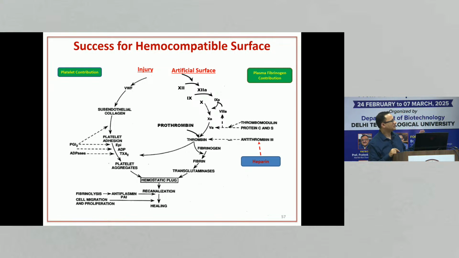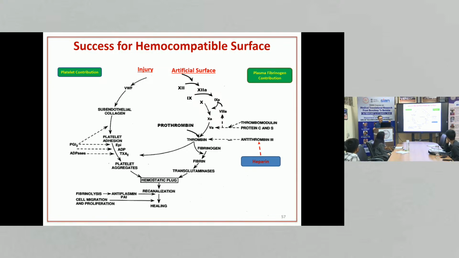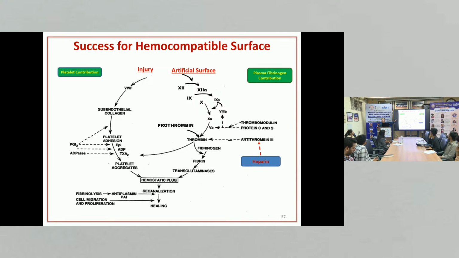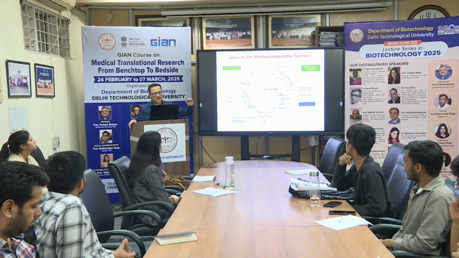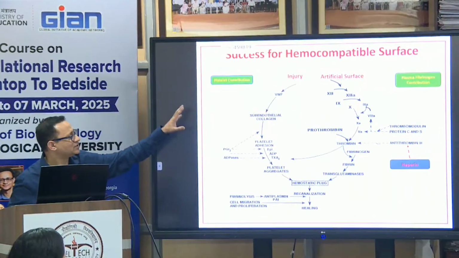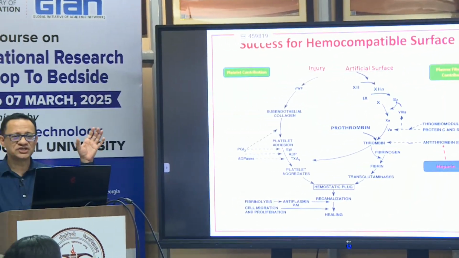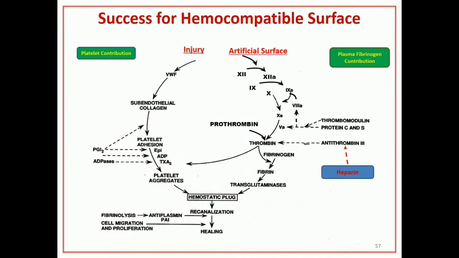Now, in a little different way, we are again showing what we little bit talked about earlier, how it's basically the same, that extrinsic and intrinsic pathway, how platelets are contributing on the injury side, plasma contributing initially for artificial surface, but then everything gets mixed together.